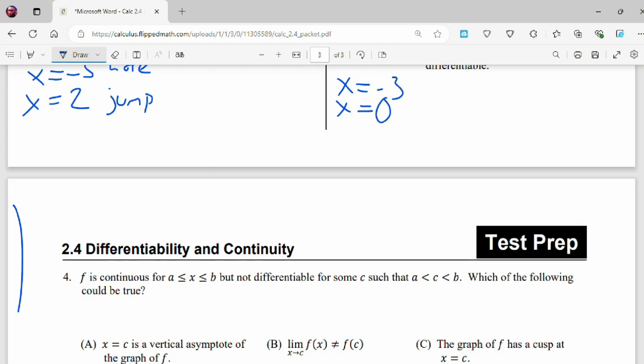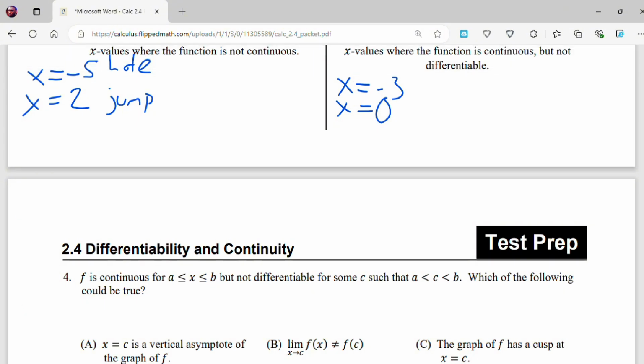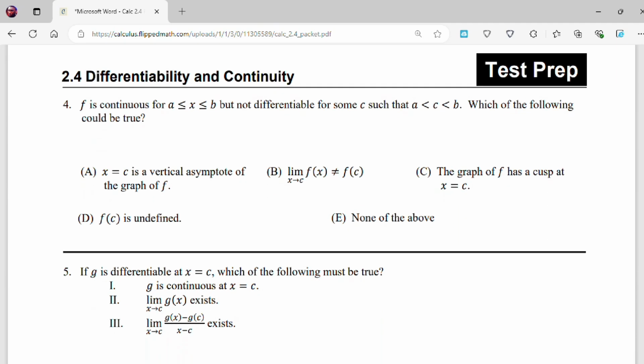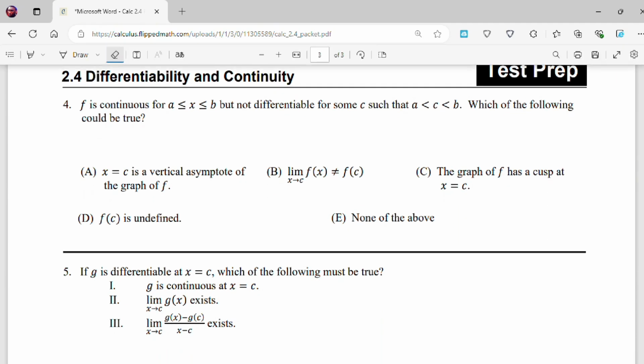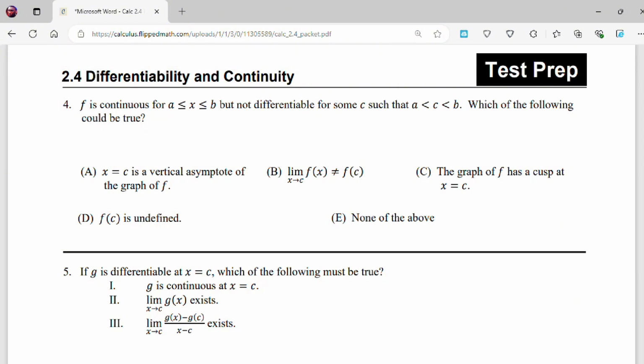Now, I'm gonna move on to the test prep. So f is continuous for a is less than or equal to x less than or equal to b, but not differentiable for some c such that a is less than c is less than b.